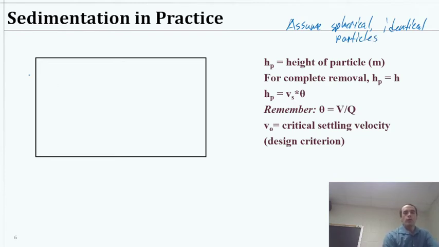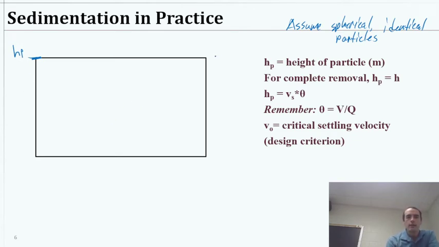Then we can draw the system where we have the height of a particle up here. We're going to define the height of the particle that we're interested in as the highest one in the system.